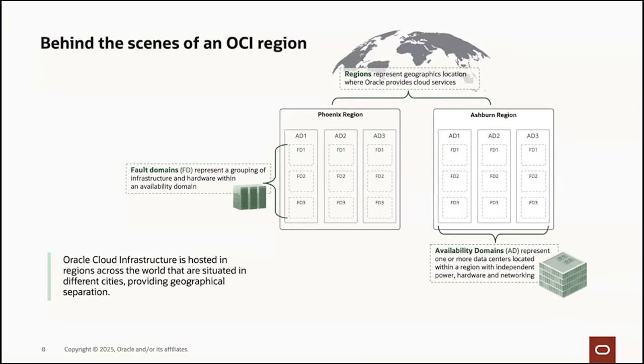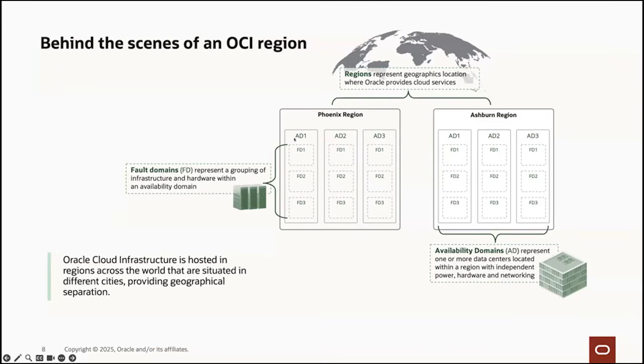The fault domains represent groupings of infrastructure and hardware within an availability domain. So what's unique about Oracle versus some of the other cloud providers is we give you that option to select within the data center which fault domain you want your services or your computing resources to be running in. So that's unique to Oracle, and it's very useful for high availability.